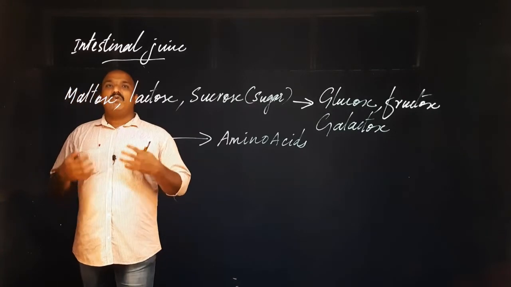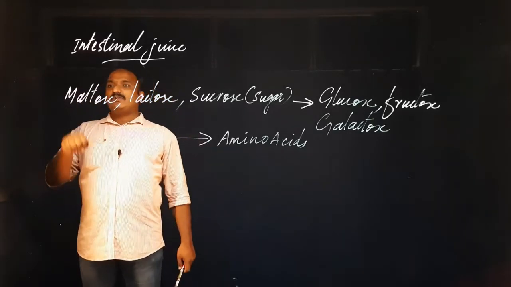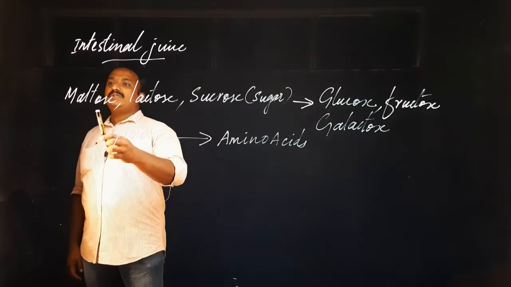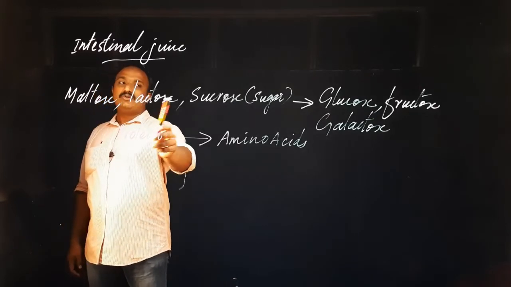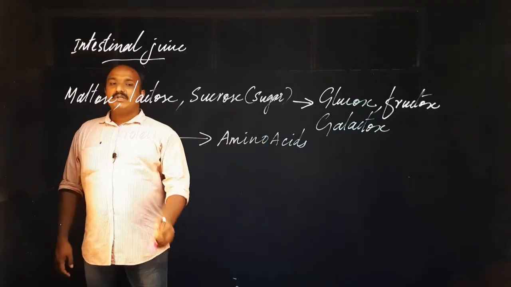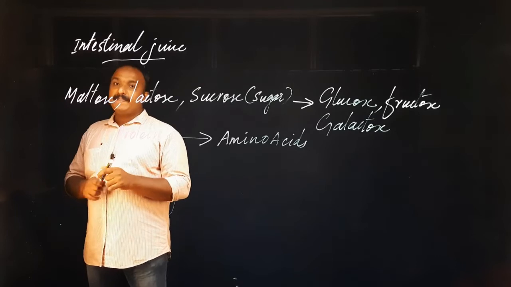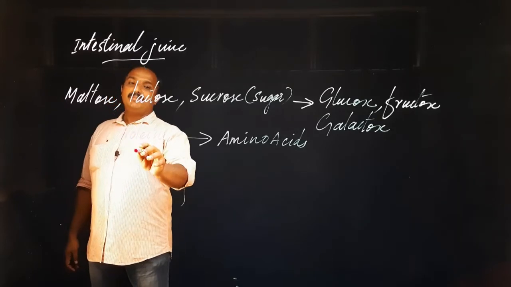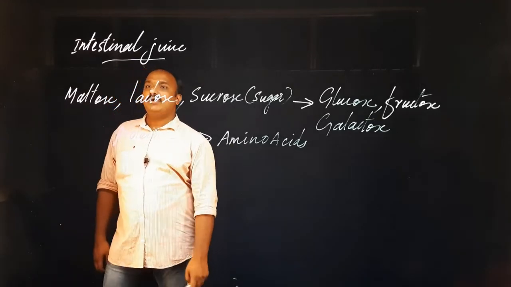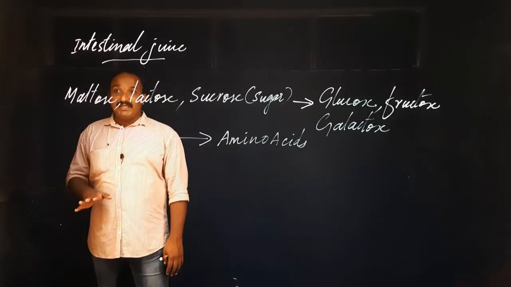After that, the walls of the intestine produce intestinal juice. It contains two types of enzyme. One type helps the digestion of maltose, lactose and sucrose, which are converted into glucose, fructose and galactose. Another type of enzyme helps the digestion of protein, converting protein into amino acid. Then the digestion is completed.